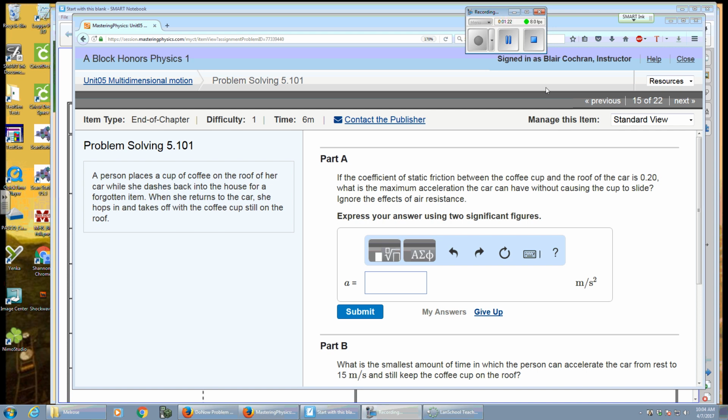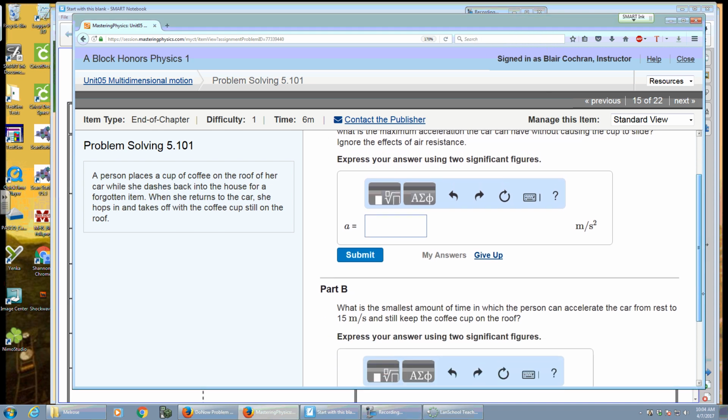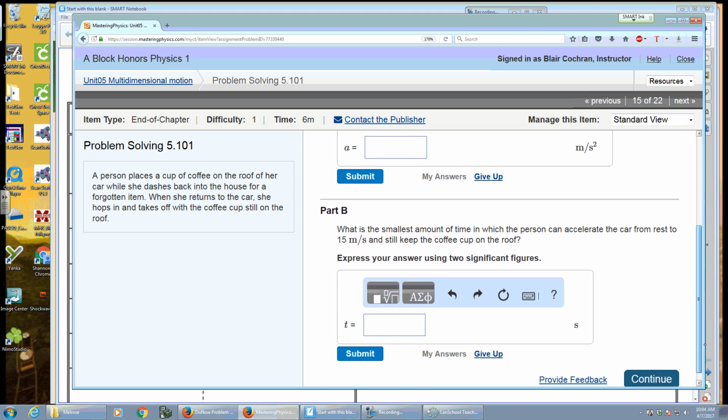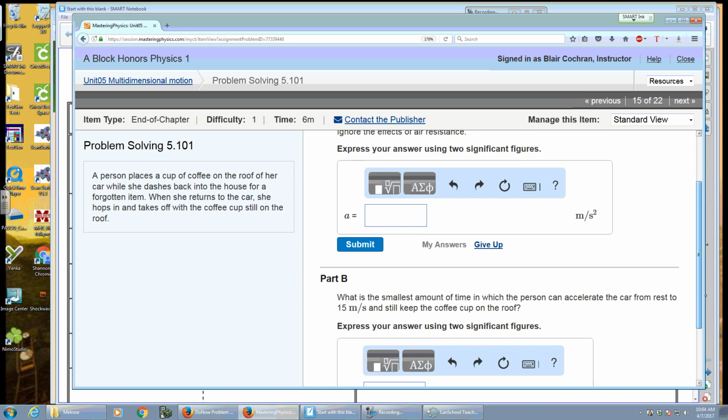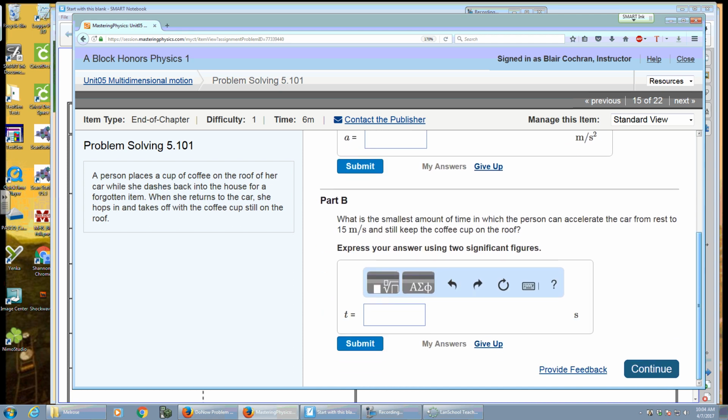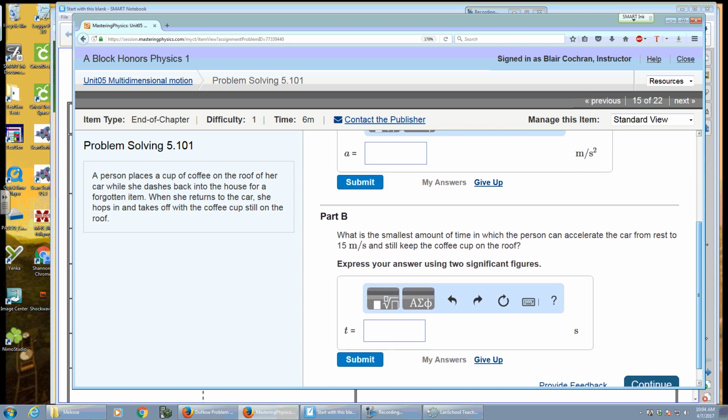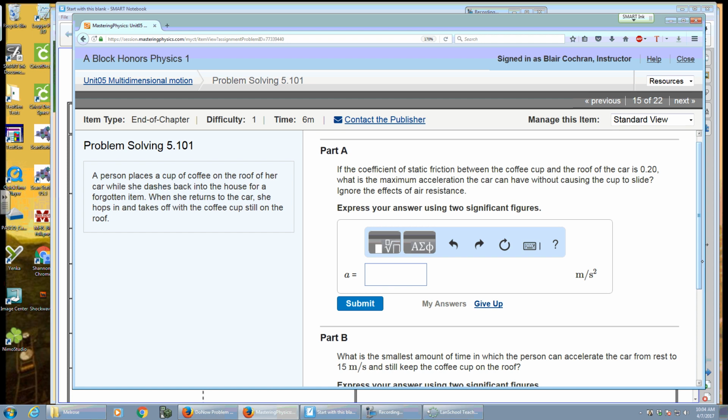So you've got this cup of coffee on the roof, and they tell you things about the friction. They want to know the maximum acceleration for the coffee cup to stay there. Nicely, they tell us to ignore air resistance. And then they also want to know how much time to a certain speed and still keep it on the roof. That's part B, which needs the words. Part A can be all diagrams.